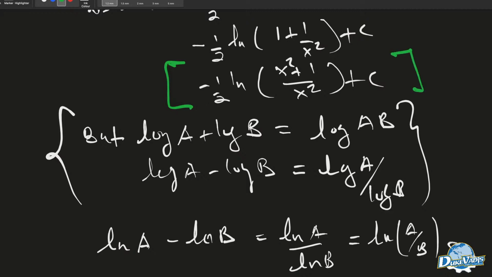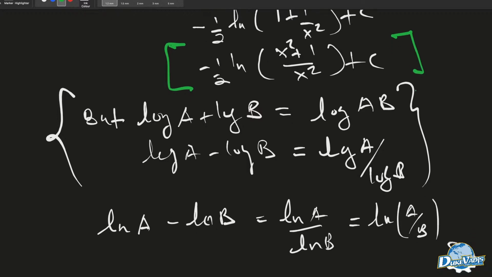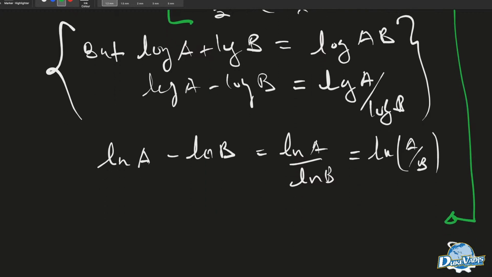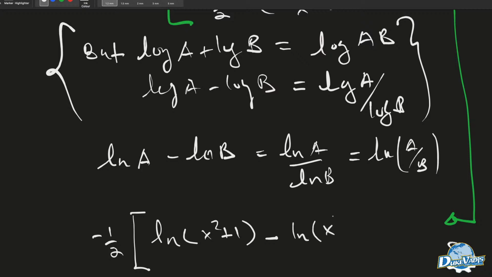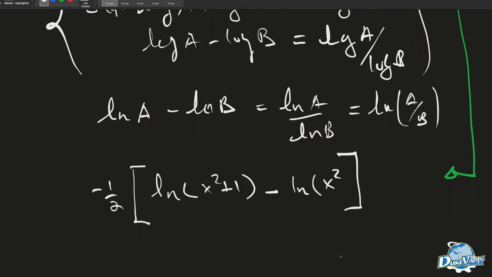If we expand this, we bring the minus half out, all into bracket: natural log of x squared plus 1 minus natural log of x squared.